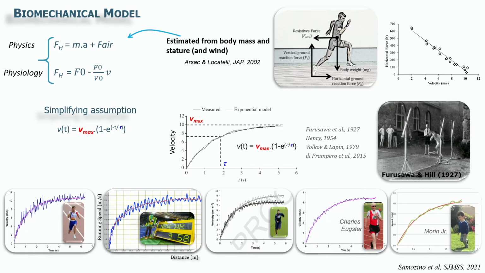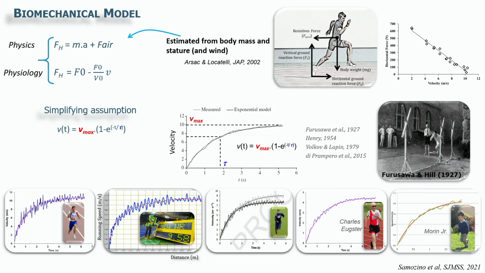He observed that in the 1920s. And we observed this kind of change of velocity with time in high-level athletes, in rugby or football players, in old guys, and also in very young boys. So this is one of the simplifying assumptions, and we describe the velocity during the sprint like this.